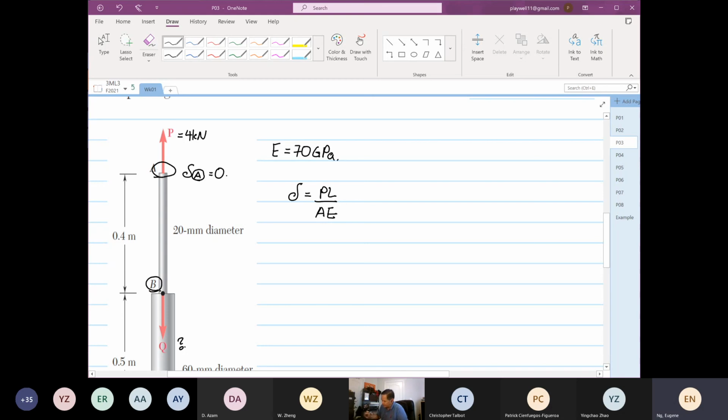We also know that if the structure is under tensile, i.e. deflection, stress, and strain are positive. If you apply this rule, and then when it's compression, you apply this formula PL over AE, your deflection, stress, and strain are all negative. So you have to obey these rules.